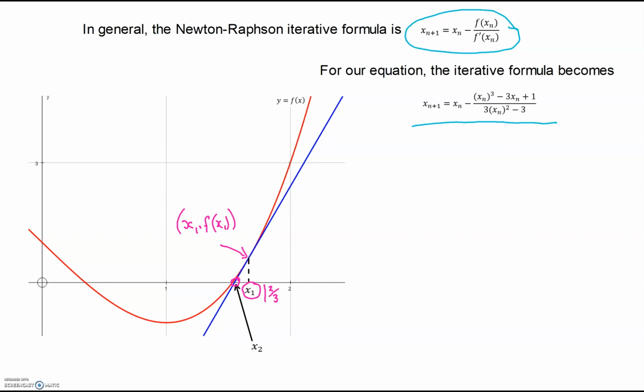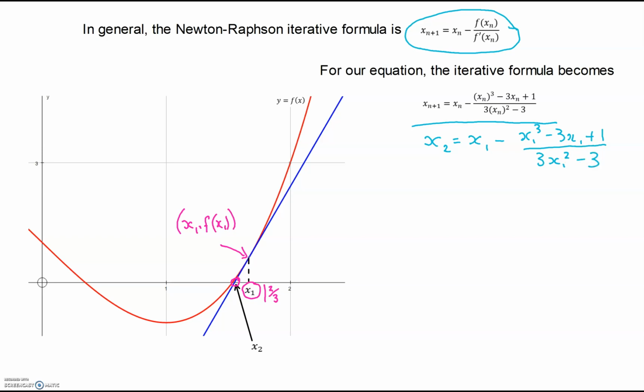Now, in order to generate x2, we're going to substitute in x1. So we would have x2 equals x1 minus x1 cubed minus 3x1 plus 1, and that's over 3x1 squared minus 3.